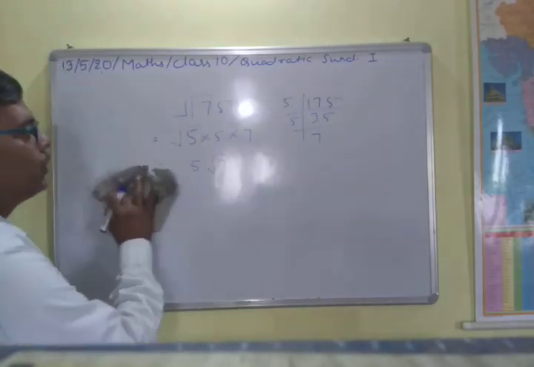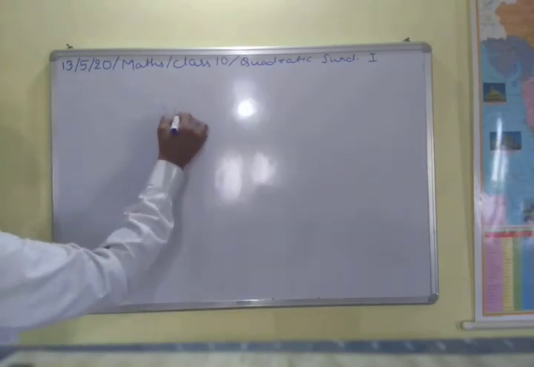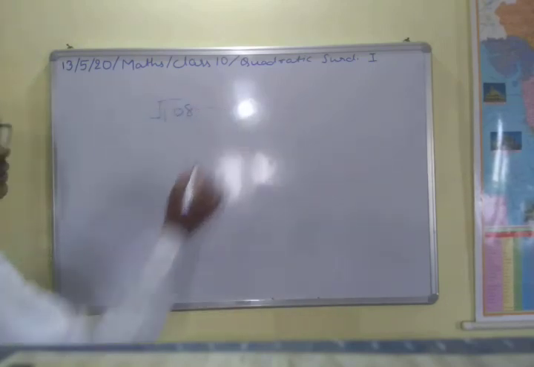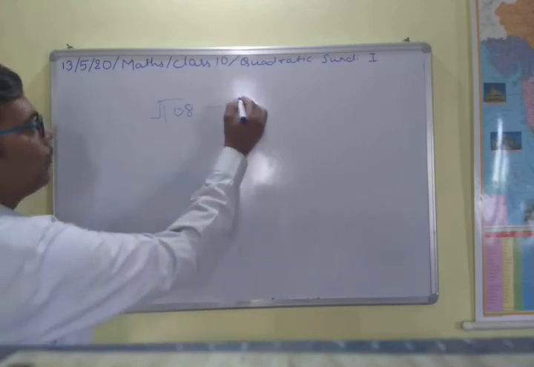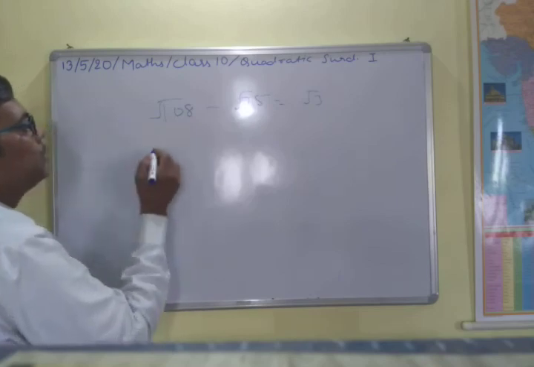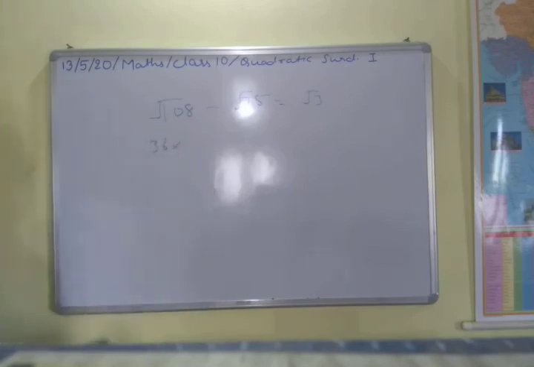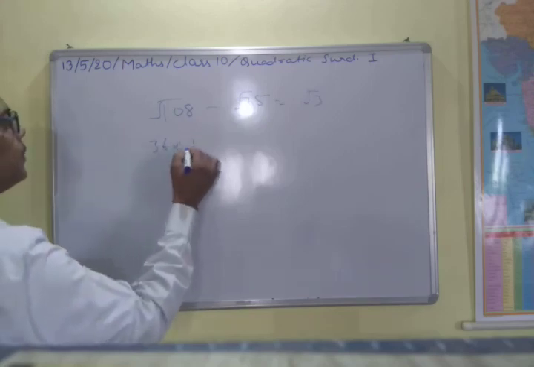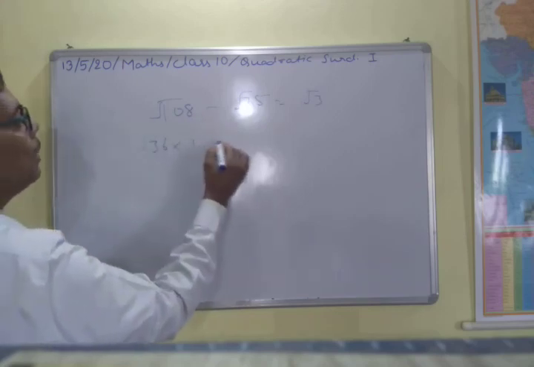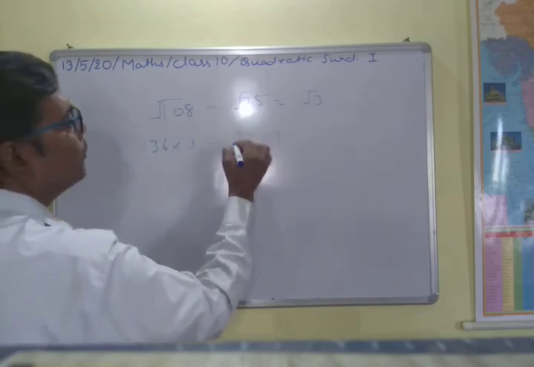There is one question we have to prove. That is, root 108 minus root 75 equals root 3. So first find this here. 36 into 3 will be 108, and 25 into 3 will be 75.